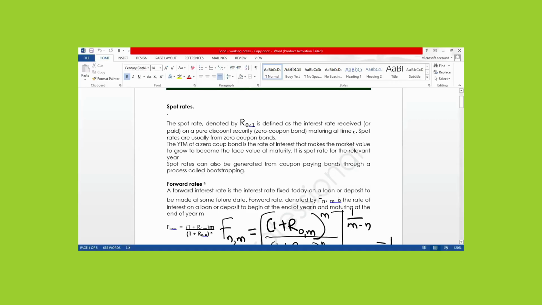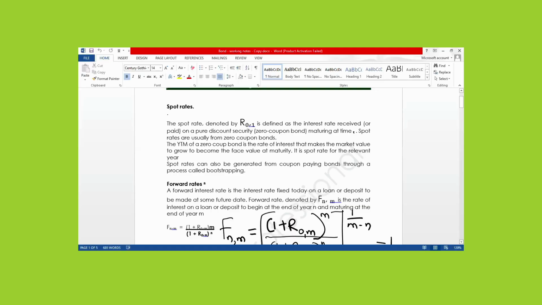Spot rate is defined as the interest rate received or paid on a pure discount security at maturity. Usually, spot rates are calculated from zero coupon bonds.